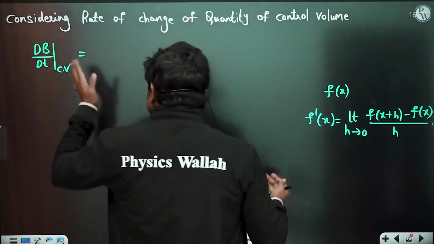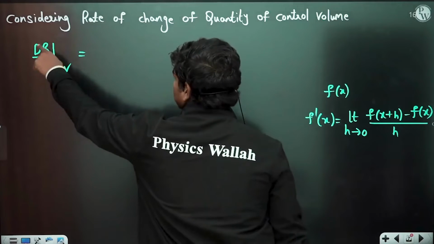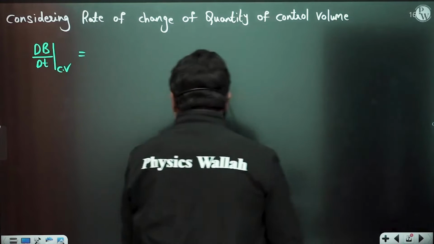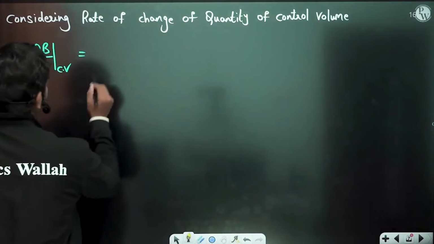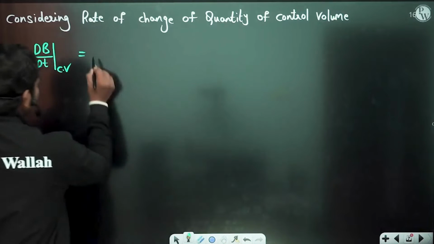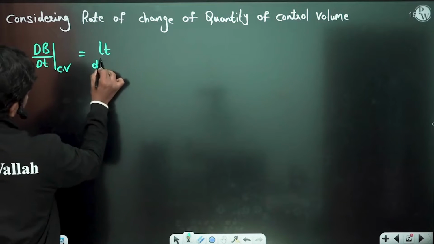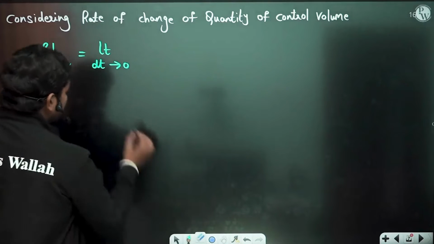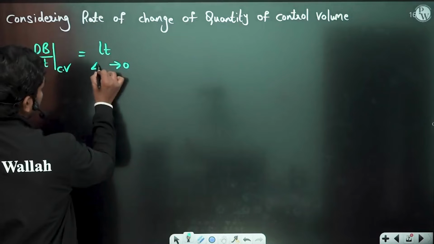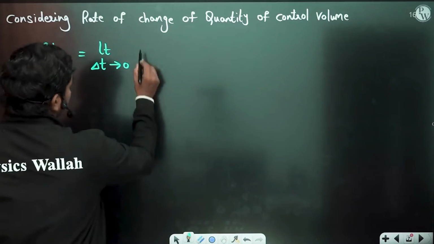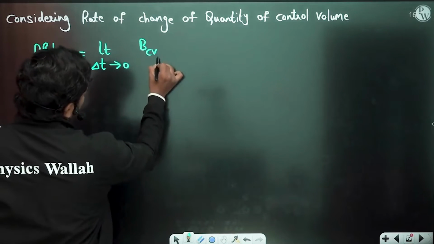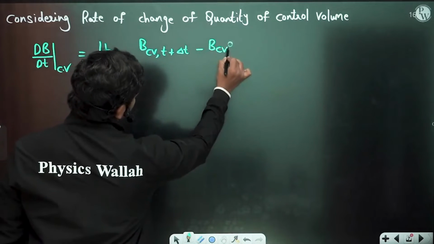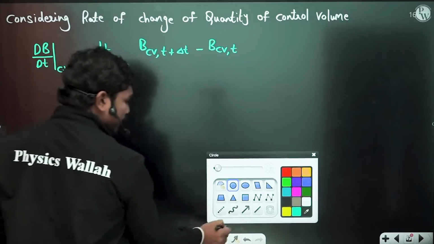Now if you apply this here, we want the rate of change of this property B. So this quantity is equal to the limit delta t tends to 0 of the property of the control volume at time t plus delta t minus the property of the control volume at time t, divided by delta t, correct?